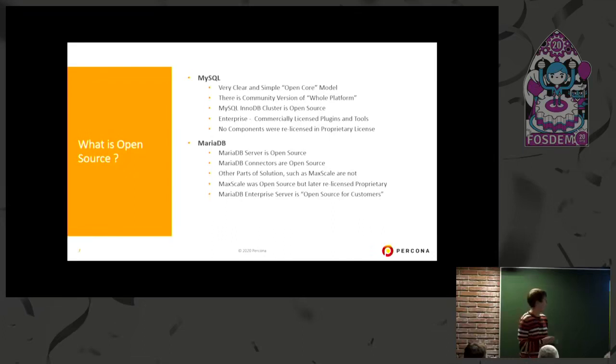Then there are some enterprise features which are part of an enterprise platform, right? Enterprise is really focused on commercial license plugins and tools.